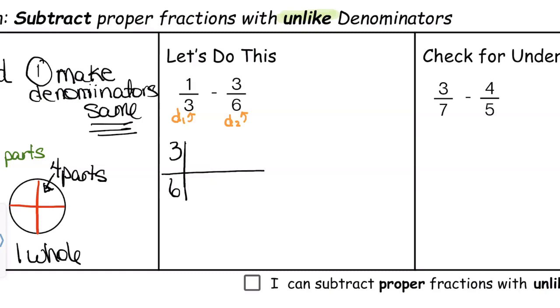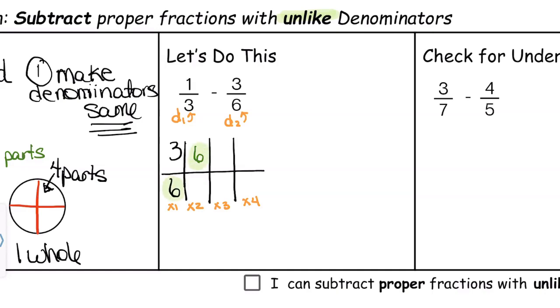So 3 times 1 is 3, 3 times 2 is 6, and there we can already stop because we can see that now they are the same.